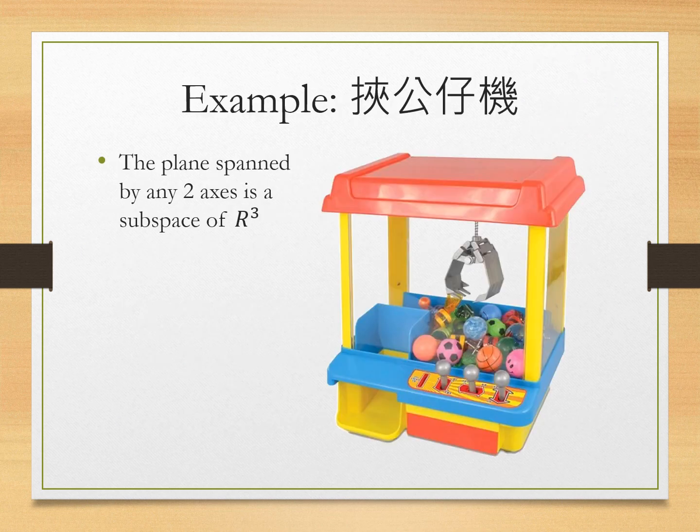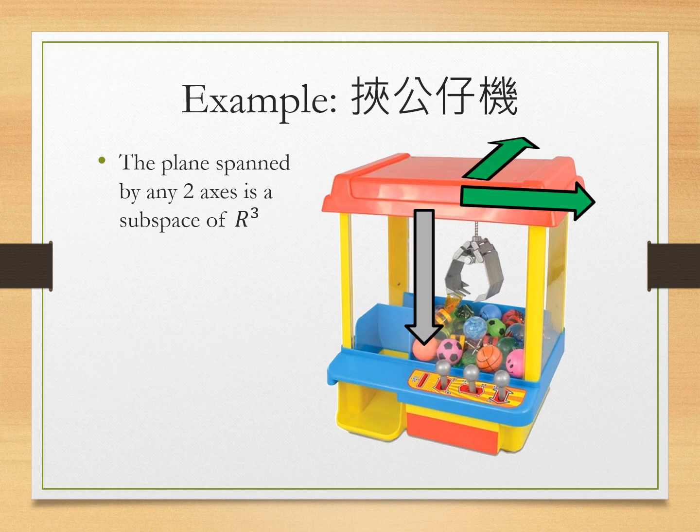Once again, going back to the case of this claw machine, any plane you form from two directions is a subspace.